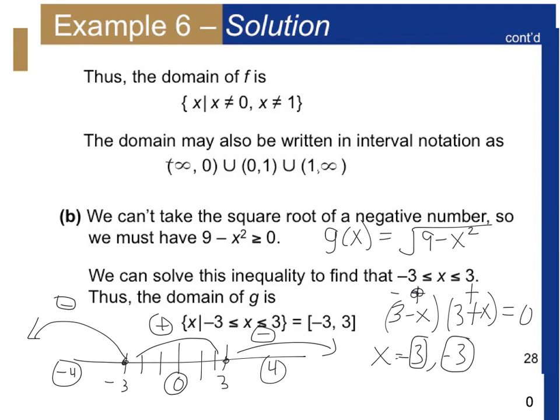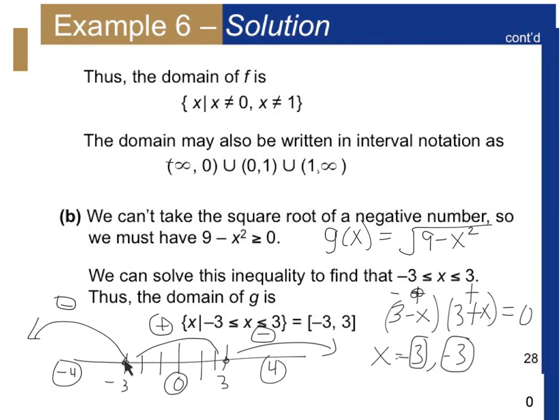So remember, we have to get the sign of each interval. And we're looking for this thing to be greater than or equal to 0. So we want it to be positive, right? So we're going to use this interval, which is between minus 3 and plus 3. So that's how we get this interval. So it's a little more complicated than it looks, right? We have to do that thing that we did in chapter 1 where we did our nonlinear inequalities. So we have to factor, set it equal to 0 and look at intervals in between those points and on the outside of those points.